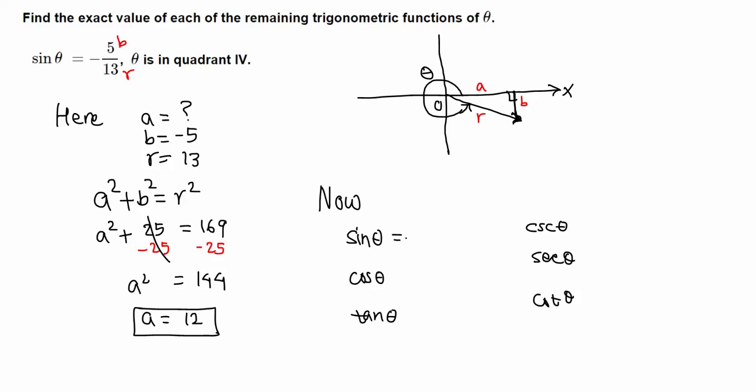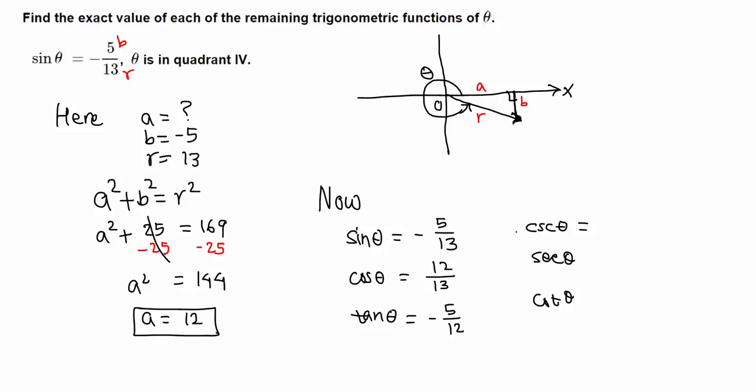Sine is B over R, which is -5 over 13, that was given, so -5 over 13, I'm writing the negative in front. Cosine is A over R, A is found to be 12, over R is 13. Tangent is B over A, B is -5 over 12, so negative in front, 5 over 12.